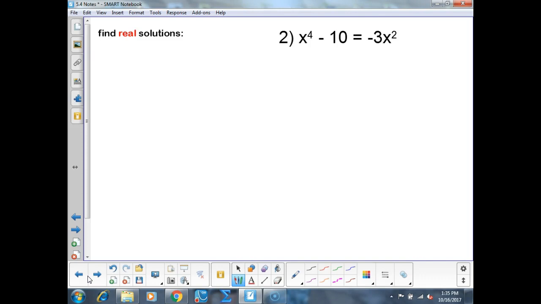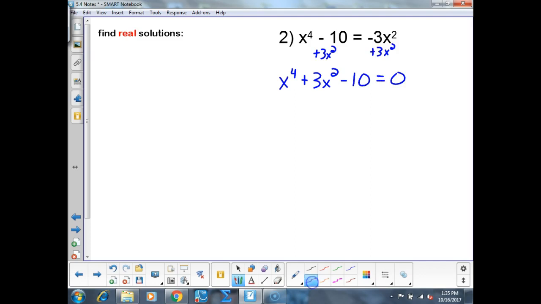Or maximum number would be 4. Okay? So first, I would add 3x squared. That gives me x to the 4th plus 3x squared minus 10 equals 0.